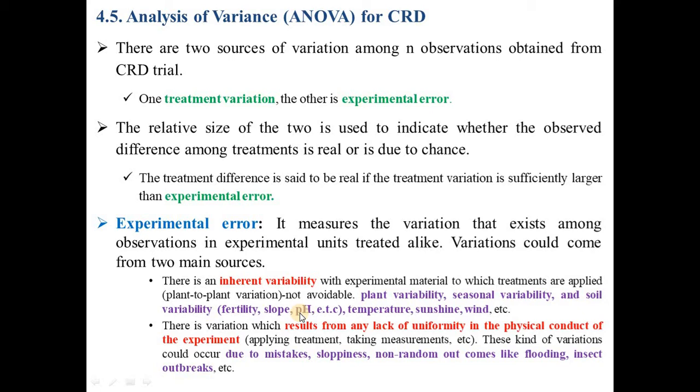In the other case, there are also causes for lack of uniformity in the physical conduct of the experiment, like applying treatments and taking measurements. This kind of variation could occur due to mistakes, sloppiness, and random outcomes like flooding and insect outbreaks, which are considered the cause of artificial variability, which is not inherent.